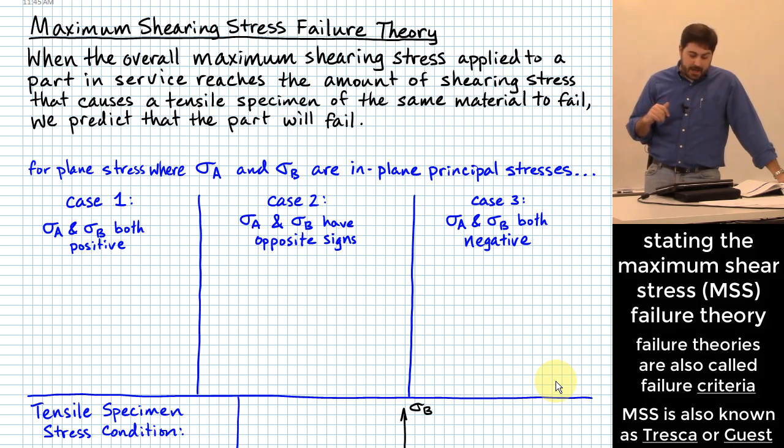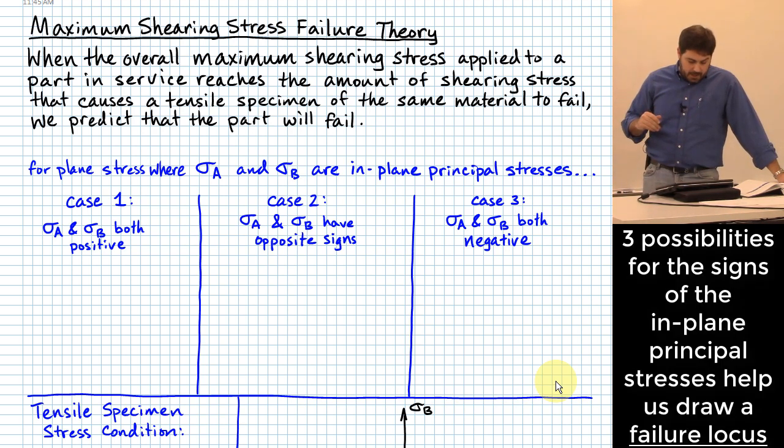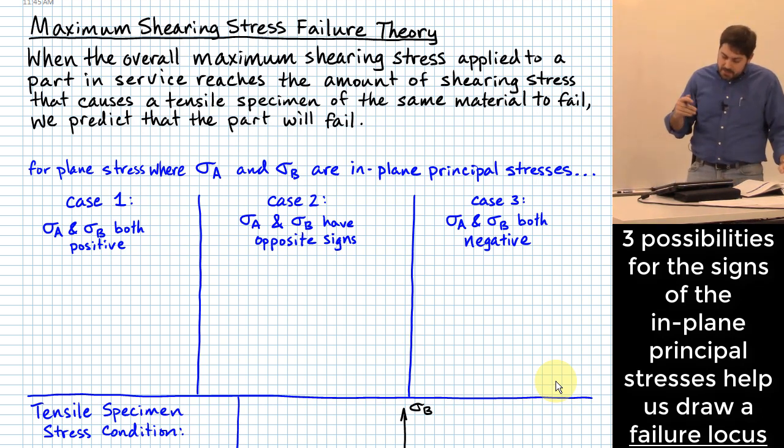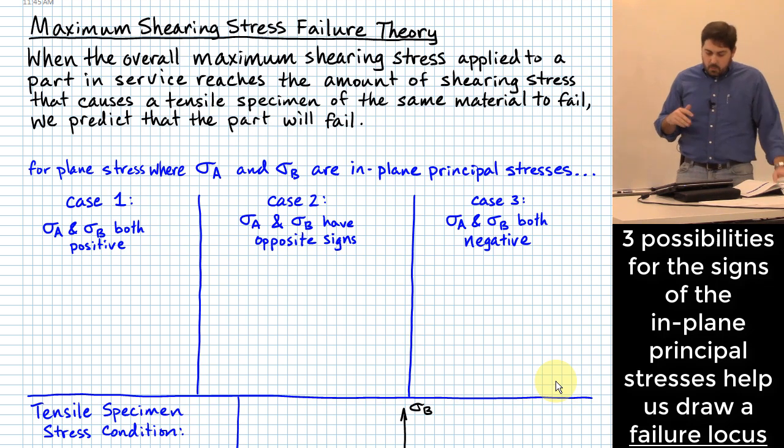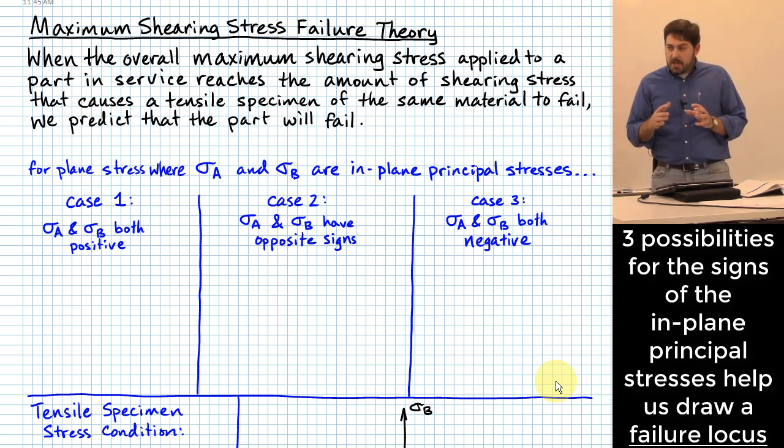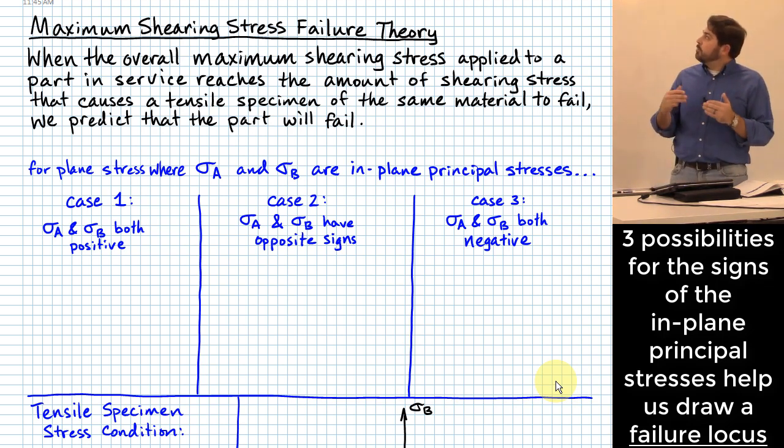And we're going to look at a few of the possibilities that could exist that would create this maximum shearing stress, okay? So for the first one, let's think of the first case being, what if sigma A and sigma B are in-plane principal stresses.